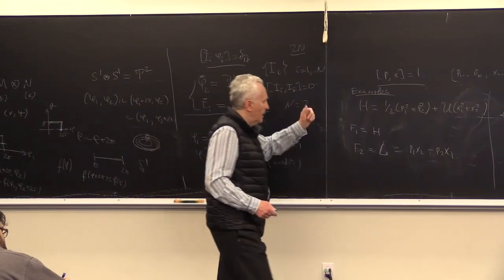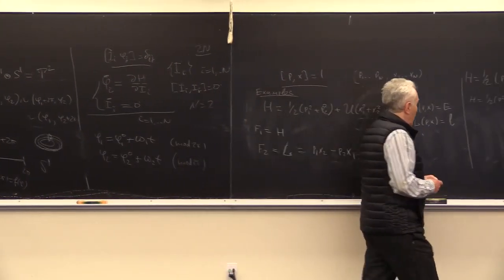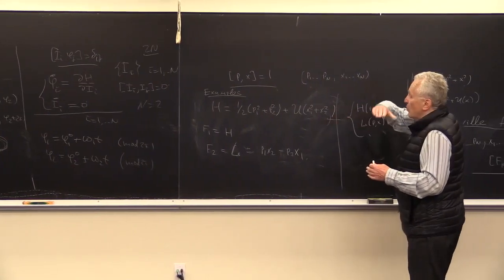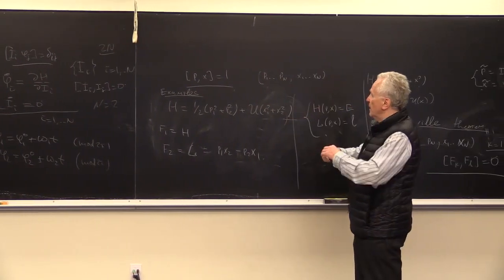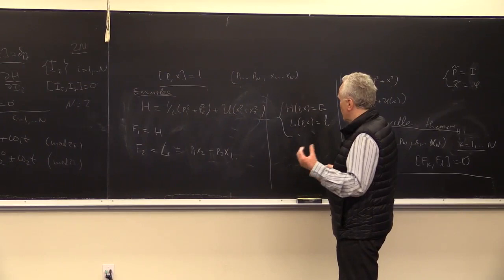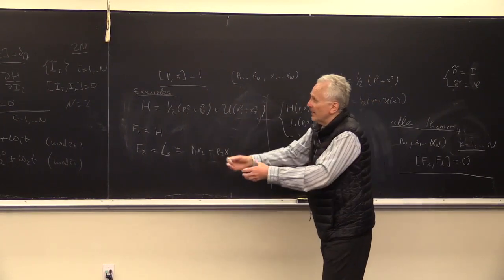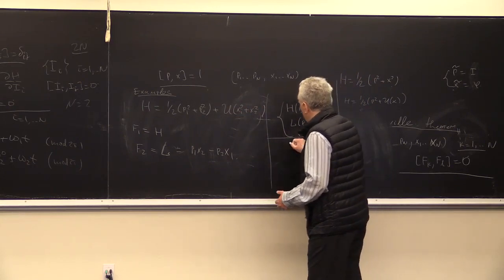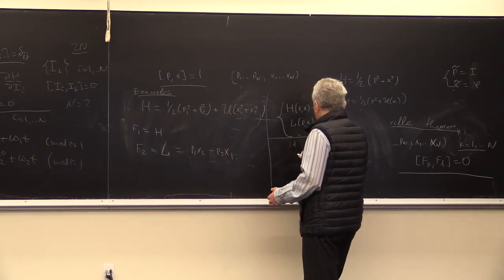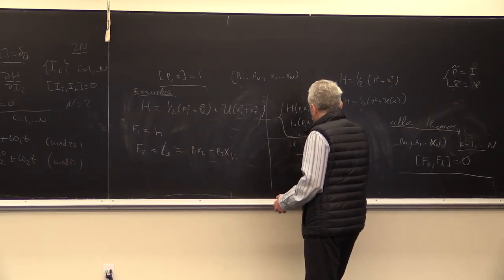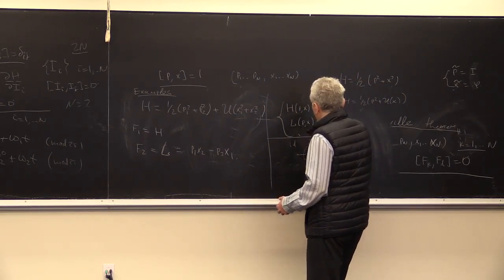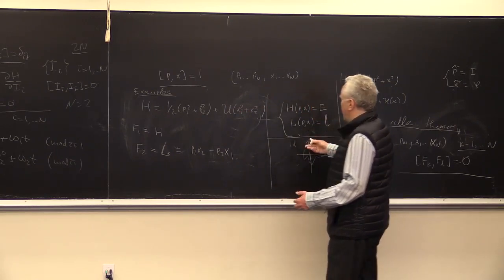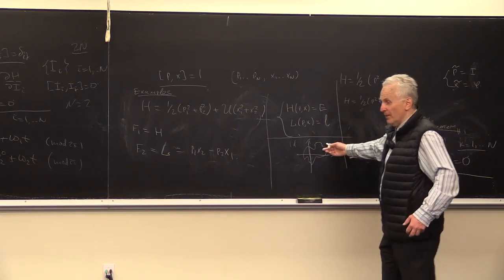And in this case, we have a two-dimensional torus embedded in four-dimensional space. Just like in one dimension, we said that in the phase space this is a topological circle.